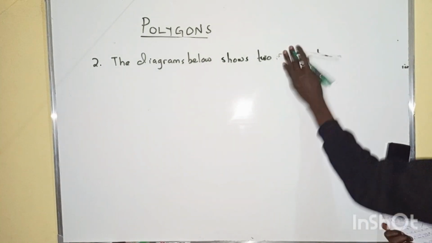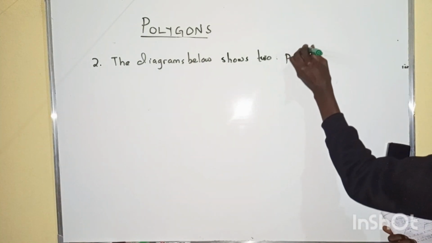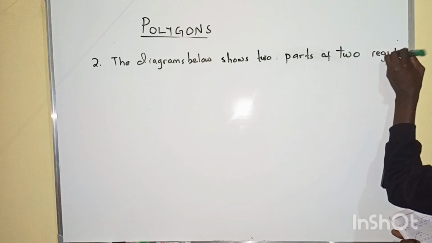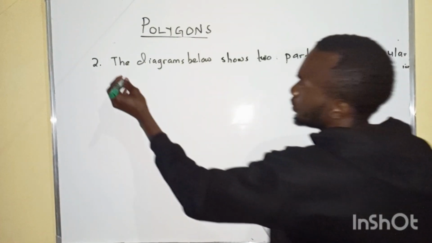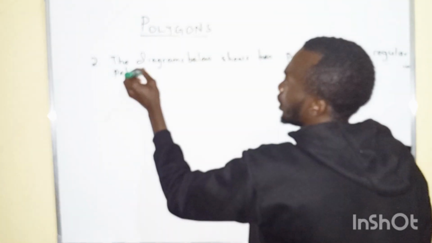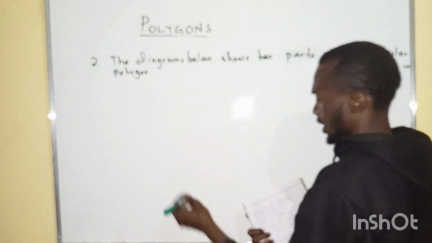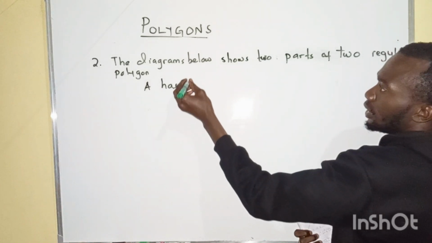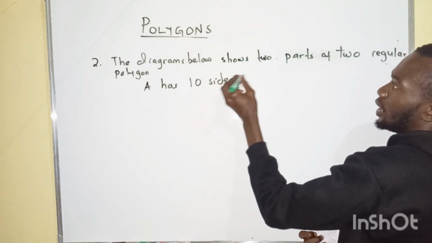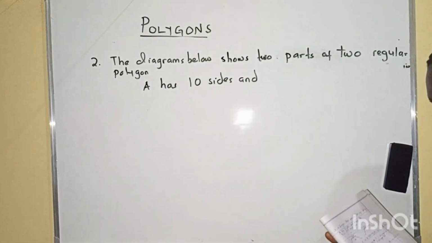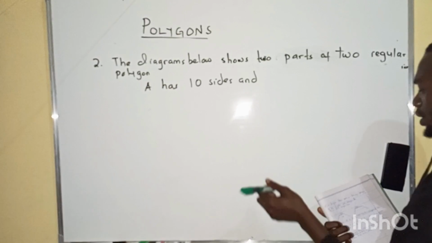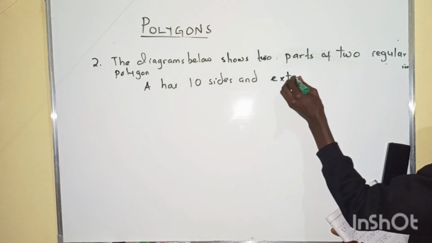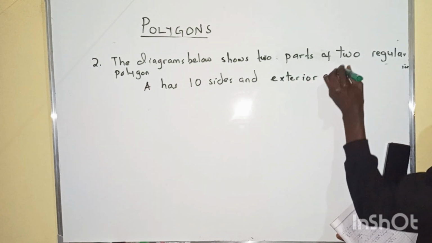We are told that A has 10 sides and an exterior angle 3x.